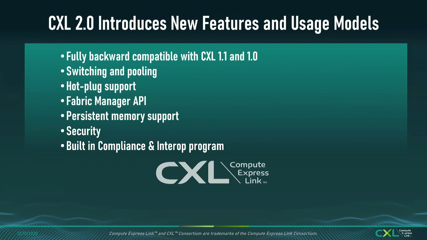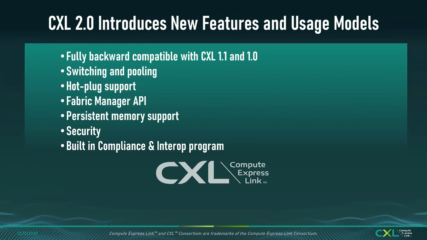With CXL 1.1, we introduced the capability of attaching memory, and now we're expanding this to non-volatile memory as well, where we're adding persistent memory support. And of course, within a data center, security is always important, so there are important changes we've made to expand security, adding link encryption capabilities.